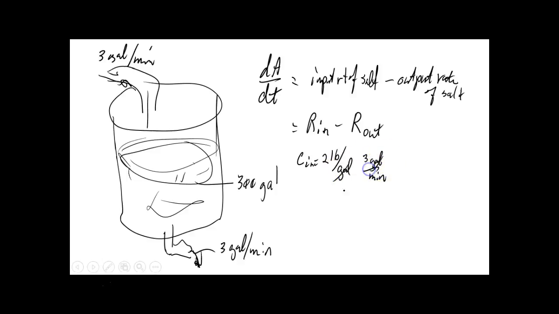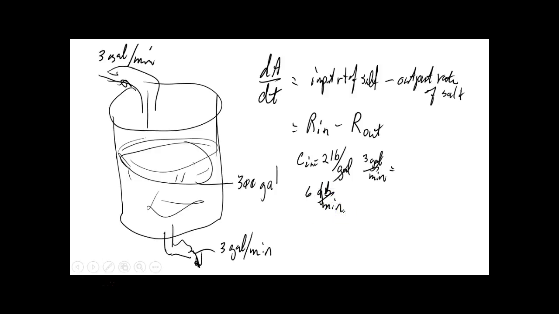The gallons go in, and you're adding salt at 6 pounds per minute, because 2 times 3 is 6, gallons times pounds per gallon, pounds per minute. So the rate in would be 6 pounds per minute.